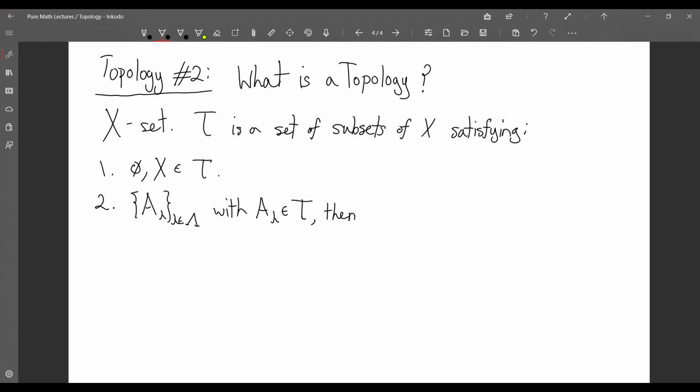Then the union of this family is going to also be contained in T, right? So I can take a union of, say, uncountably infinitely many sets in T, and I would still end up with a set in T.